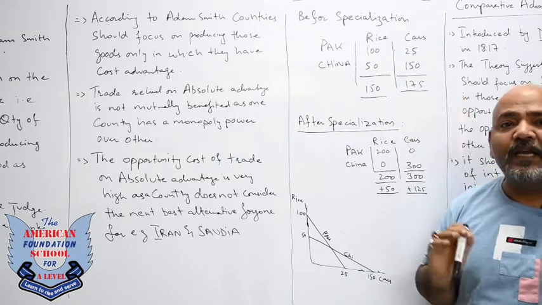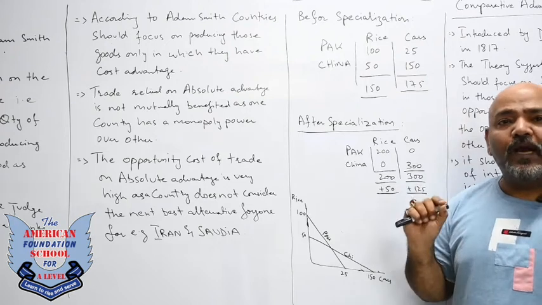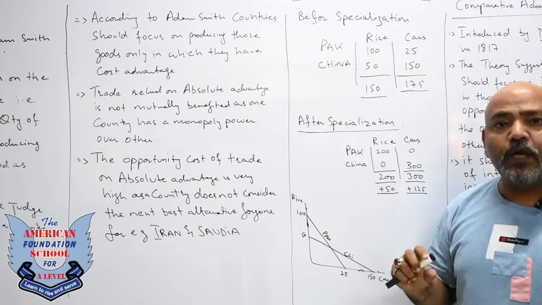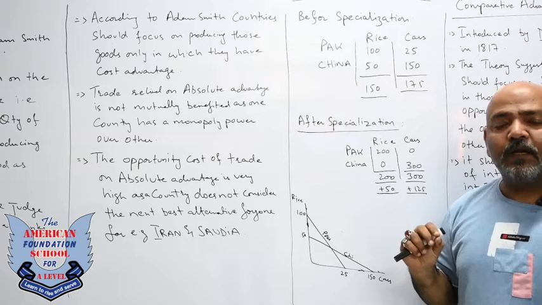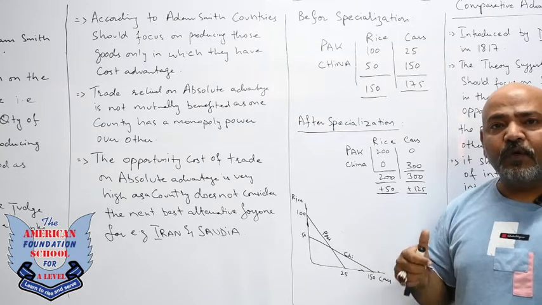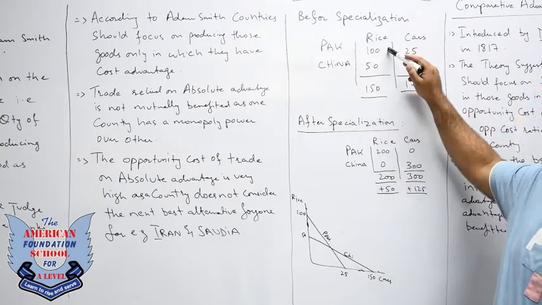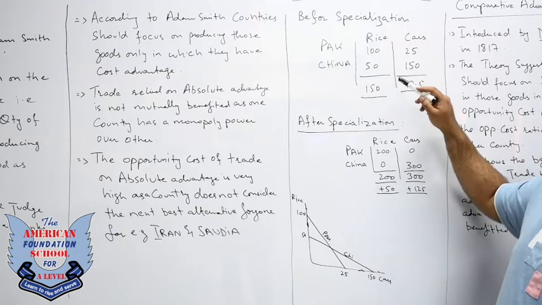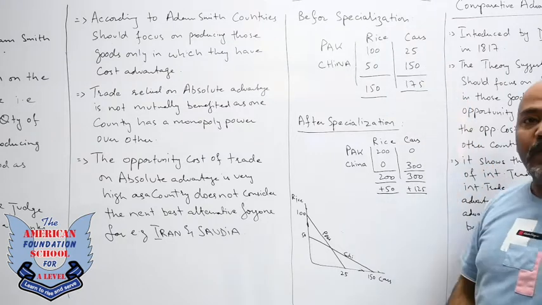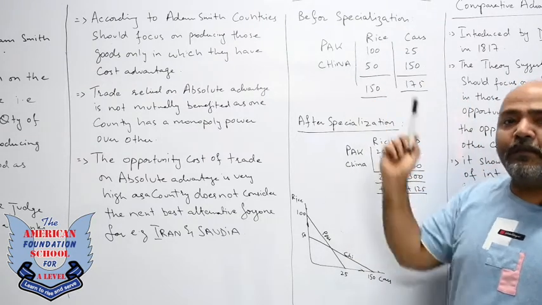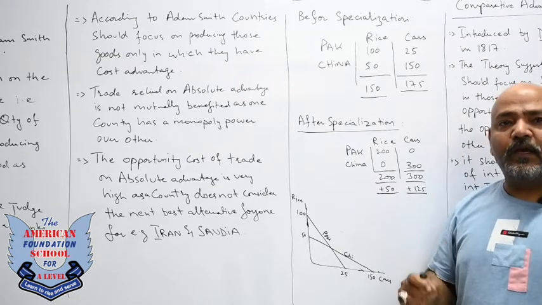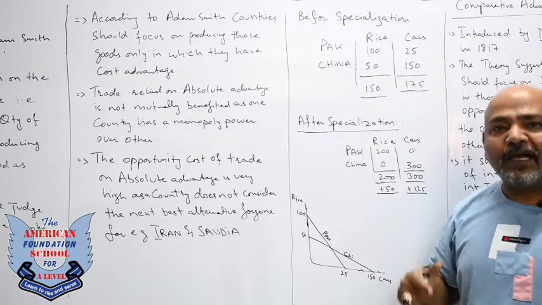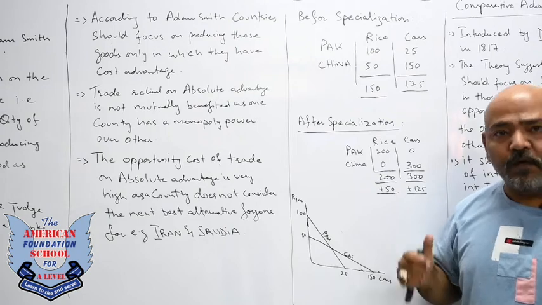So we can easily identify by looking at the output, or units produced by these two countries, that Pakistan is best at producing rice and China is good at producing cars. So we can say that Pakistan has an absolute advantage in producing rice and China has an absolute advantage over Pakistan in producing cars.